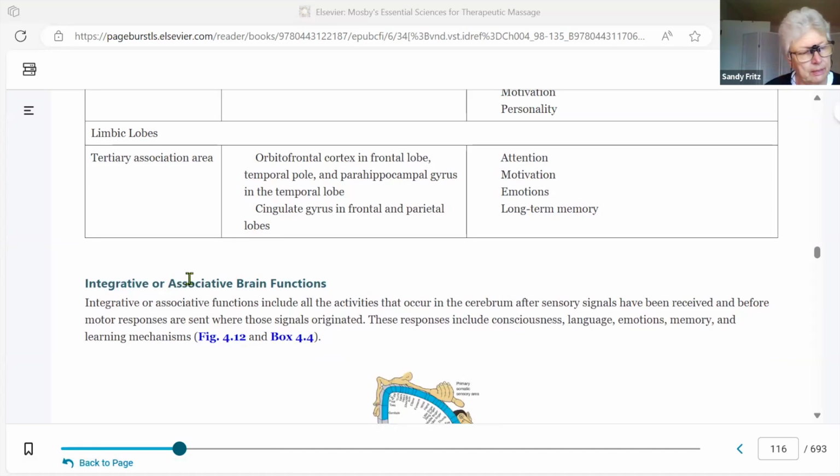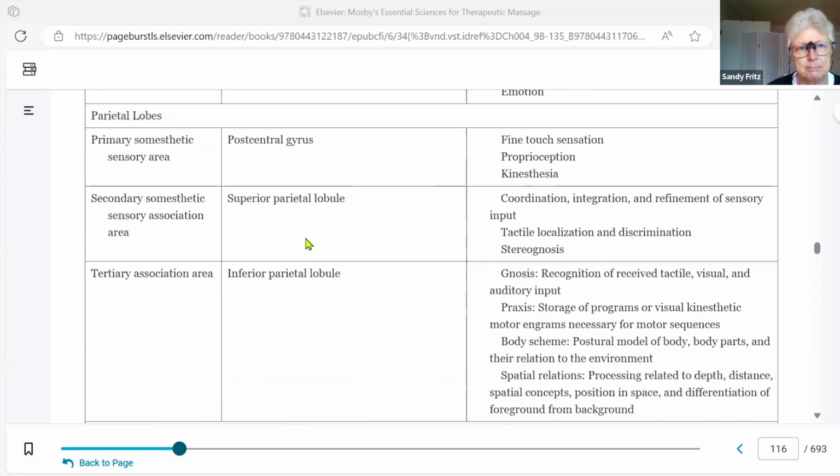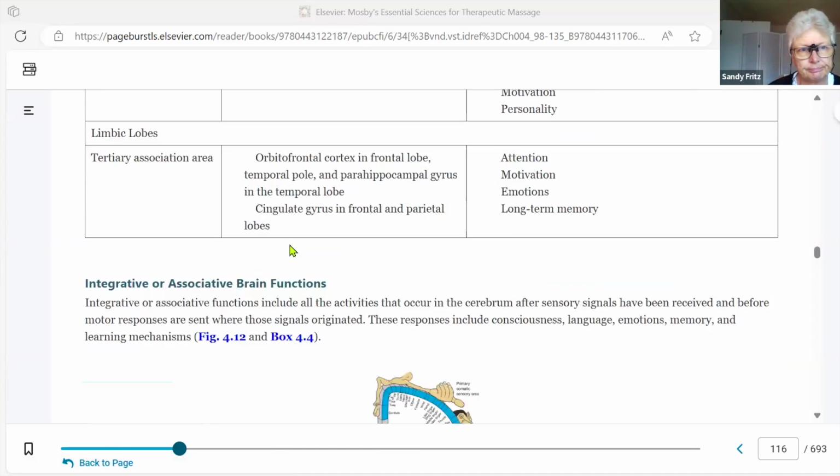So again, while we study these parts, we have to remember that they don't just all operate individually. It's a real communication network.